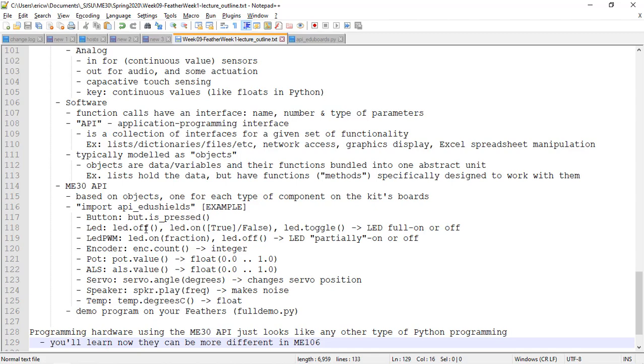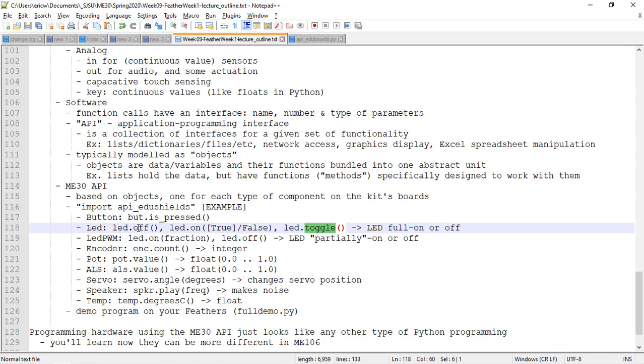What does it make sense for a generic binary LED to be able to do? Well, you need to be able to turn it off, and you need to be able to turn it on. If you want to get fancy, you can tell it to toggle itself. So if the LED knows that it's on and you tell it to toggle, it turns itself off. You don't necessarily need toggle yourself.